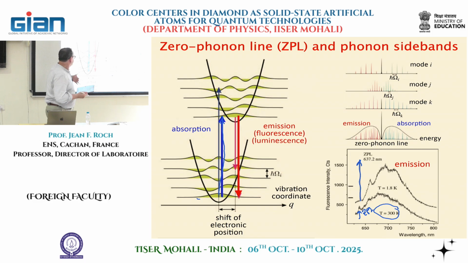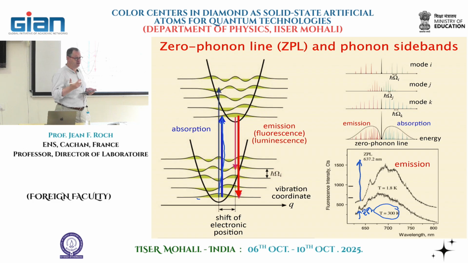So this is a sign that all these systems are less populated, of course. So you strengthen this coherent absorption and emission process. But still, this is not very good. What you would like is to be as close as possible to unity for the efficiency of the light emission. And this is called the Debye-Waller factor.